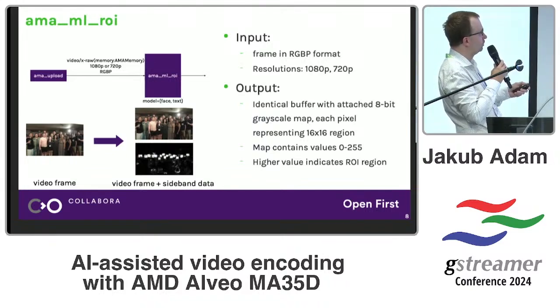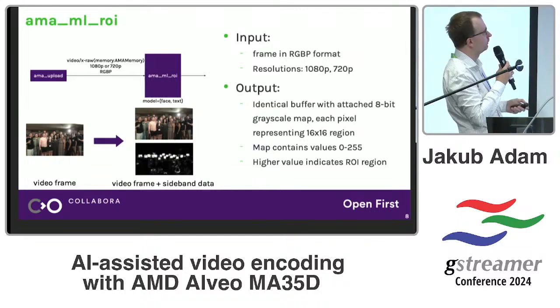There are 2 flavors of the filter available, either detecting faces or detecting text. So the input video frame leads to a copy of the same frame on the output. And as an attachment, it has sideband data with the result of the filter. Here, some detected faces.